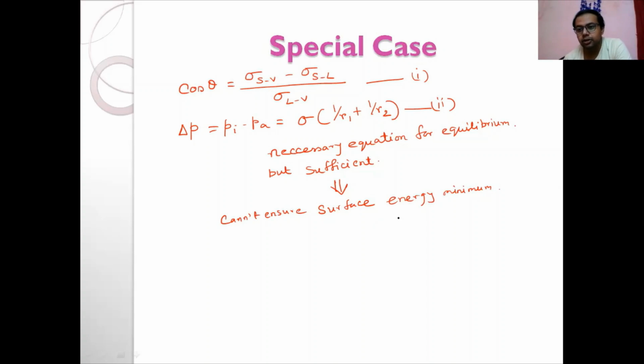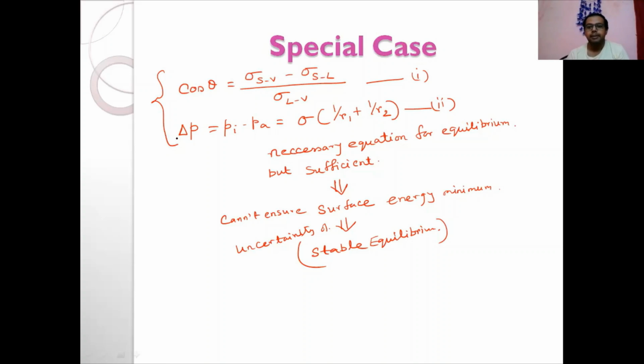As the surface energy is not ensured to be minimum, we cannot say the equilibrium is stable. Only when the surface energy is minimum will stable equilibrium be established, so there is uncertainty about stable equilibrium. That is the condition here. But these two equations are very important for the equilibrium case. Next, we will see the capillary effect concept.